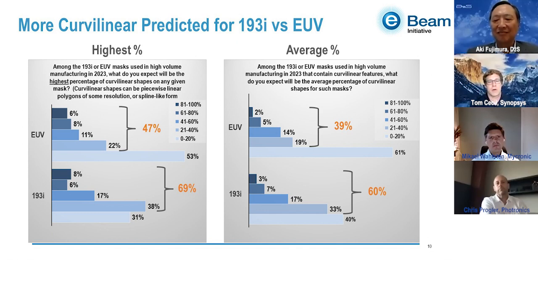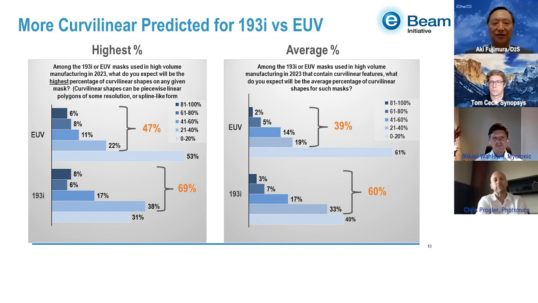So if some of the leading fabs can feel comfortable with the multi-beam writers and curvilinear masks, maybe they can backfill and get higher yield on some previous layers, or maybe there's the mid-range people that can start adopting a more advanced style of mask and mask writer if they feel that the price is a little bit more under control for them.